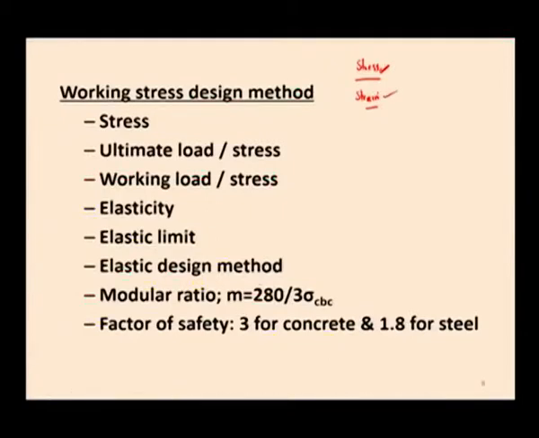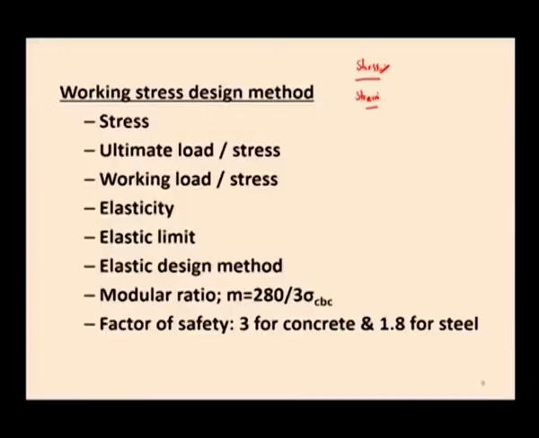Now, we come to what we mean by working stress. Before that, what do we mean by ultimate load? The load which the material can sustain before breaking is called the ultimate load, and the corresponding stress is called the ultimate stress.